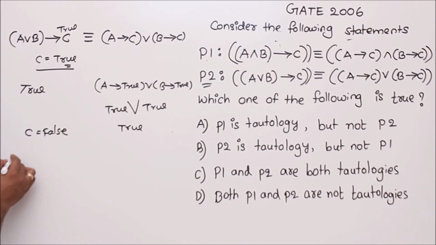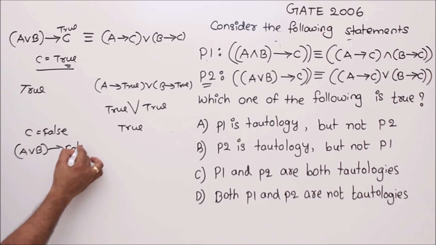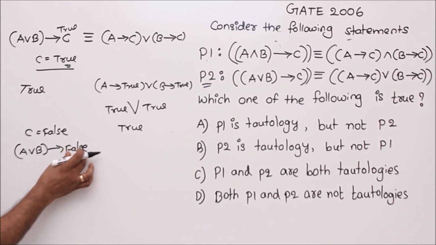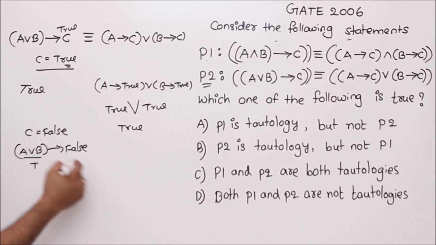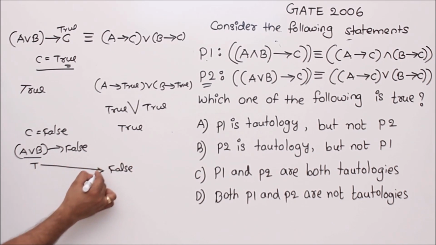Let me check for C value false. When C value is false, this first expression will become A or B implies false. Okay. So that is nothing but, as I already taught you, when the right side is false, it depends on A or B. If A or B is true, true implies false is false, note down. When A or B is true, the overall value is false.